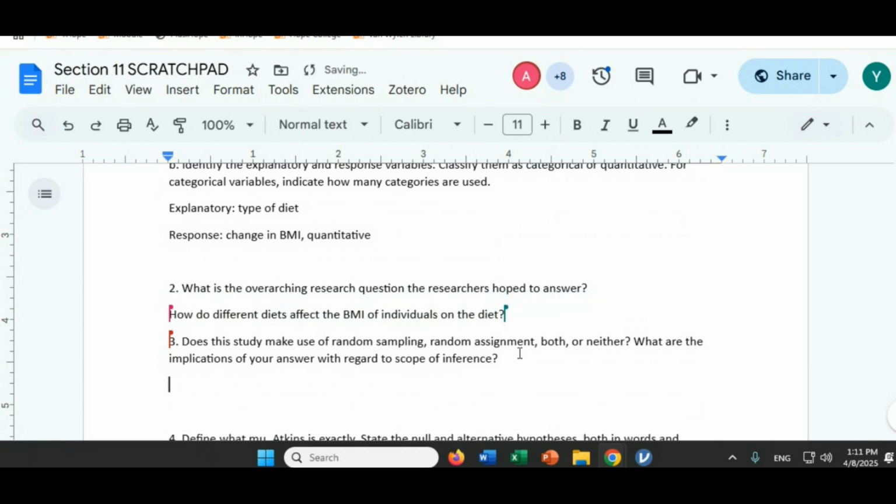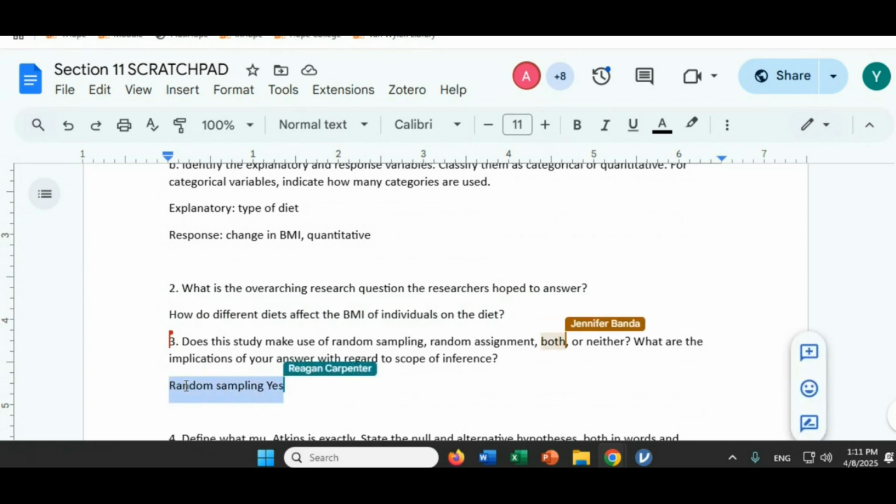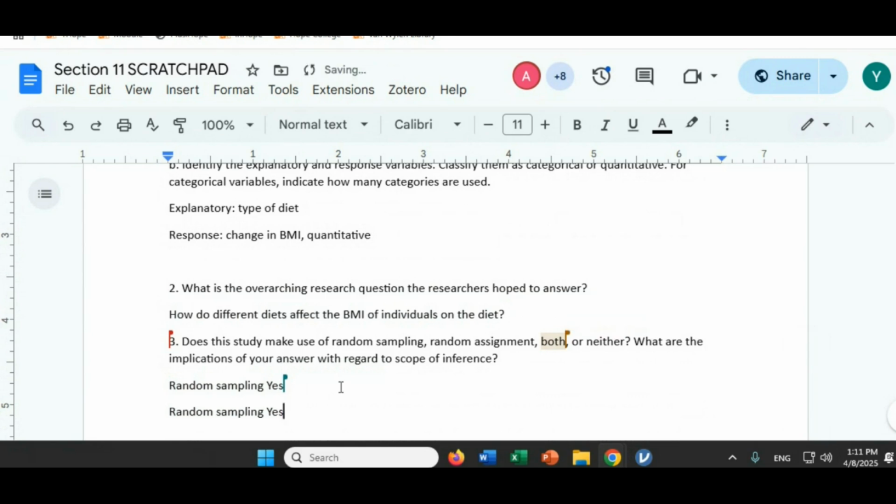Did this study have random sampling? Just say yes or no. Yes. Good. And did this study have random assignment of diet? Yes. All right. So we had random assignment of diet as well. So can you answer that question? What does this tell you about how far you can take any conclusions that you come to?